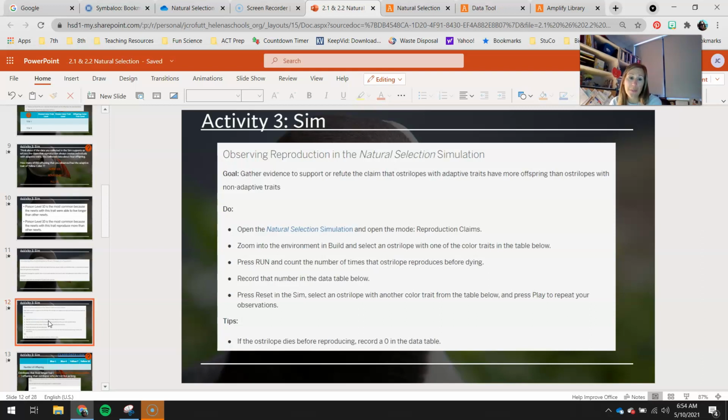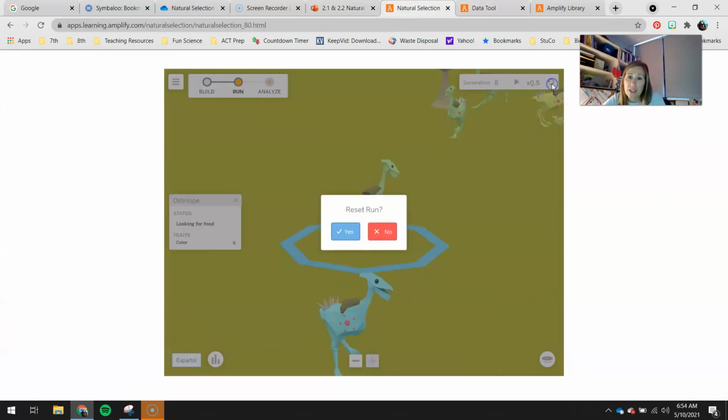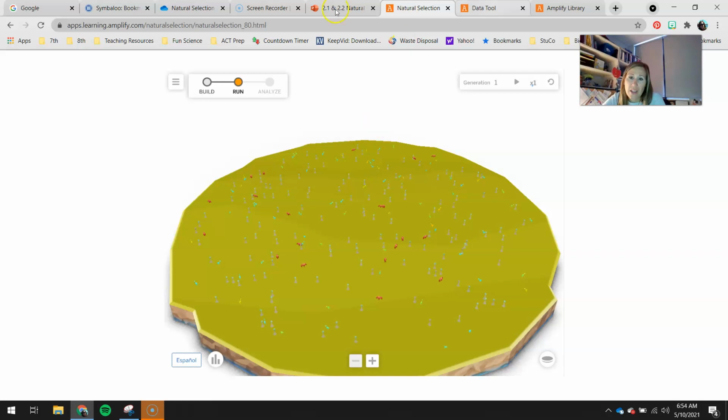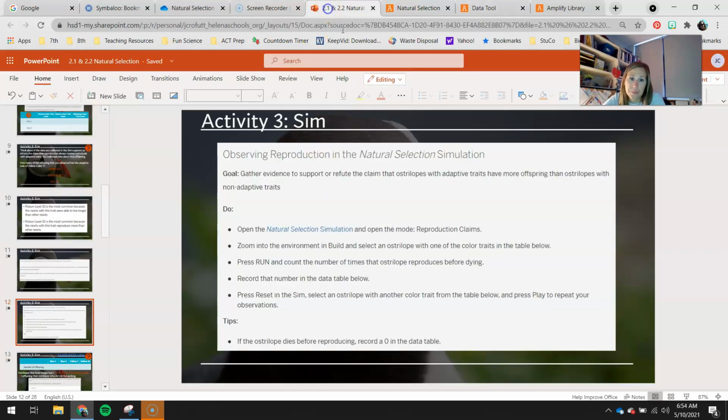You're going to open up the sim, which should already be open for you guys, and we're still in reproduction claims, so you can just reset the sim here. This one's fairly easy to gather evidence. Open the natural selection simulation and open the mode reproduction claims. Zoom into the environment in build and select an Australope with one of the color traits in the table below.